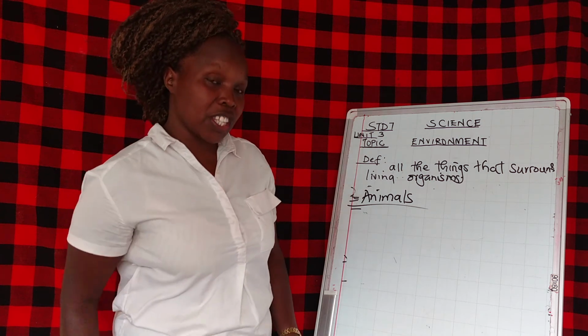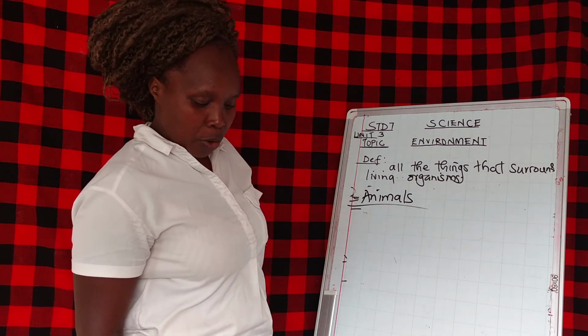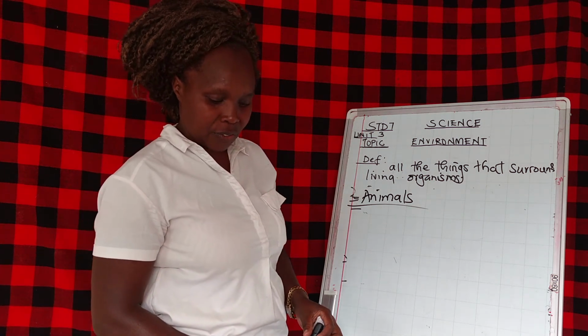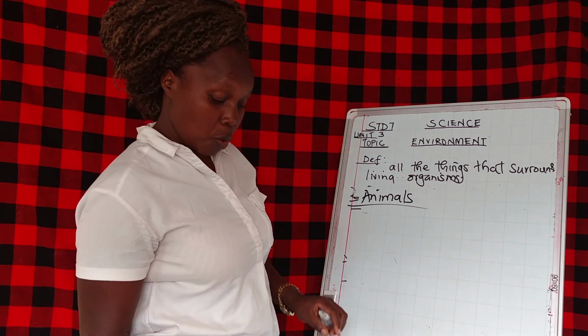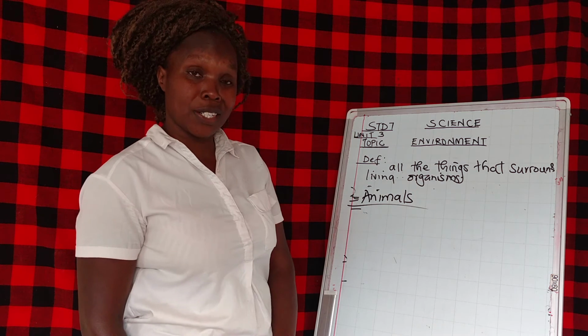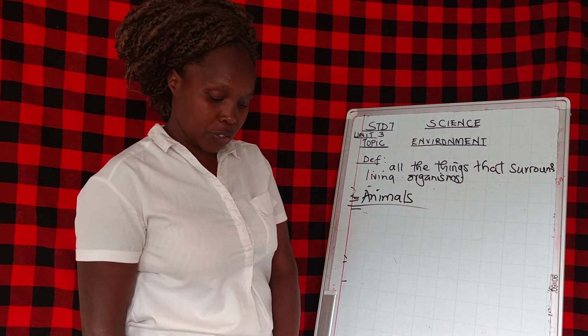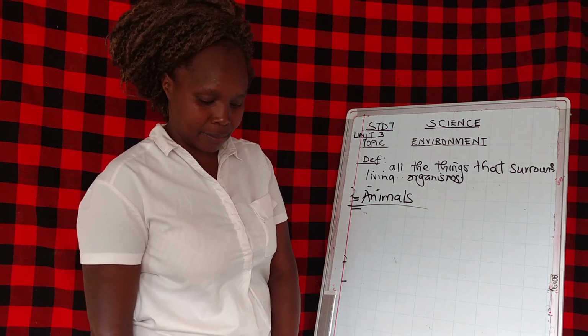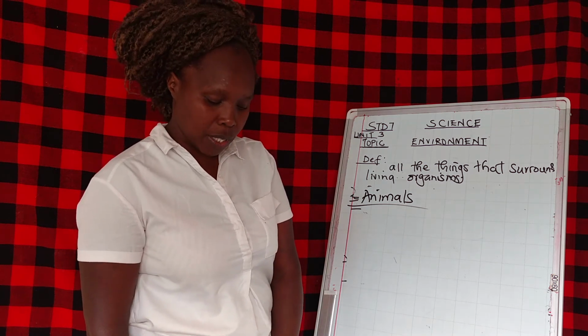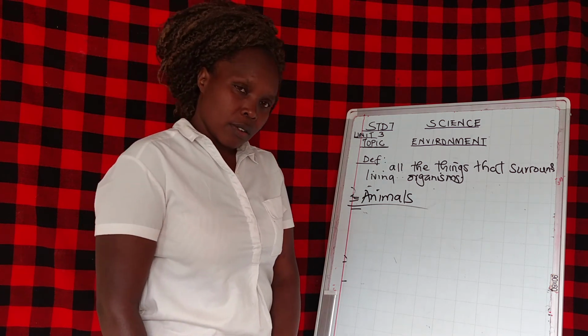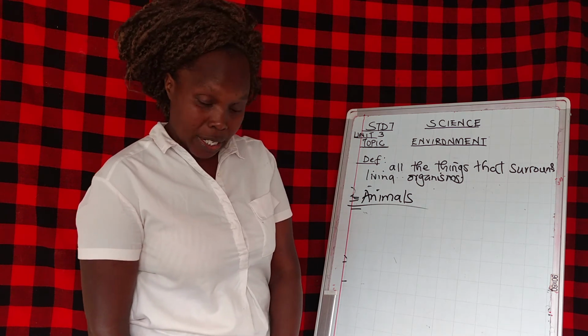Some animals live in the soil. And some on dry land. For example, fish live in water, but human beings do not live in water. They live on dry land. What about the termites, earthworms, moths? They live in the soil.